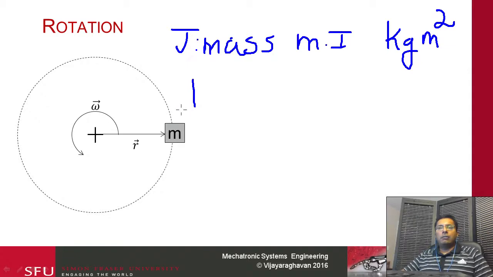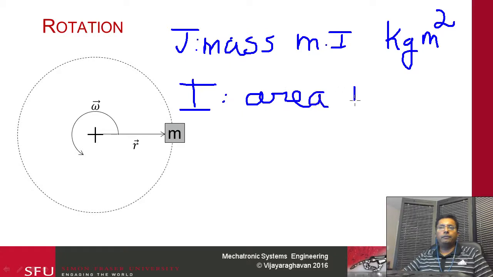We also had another moment of inertia, which is I. This is known as the area moment of inertia. This is actually a fourth power of the meter, so this is basically meter to the 4.